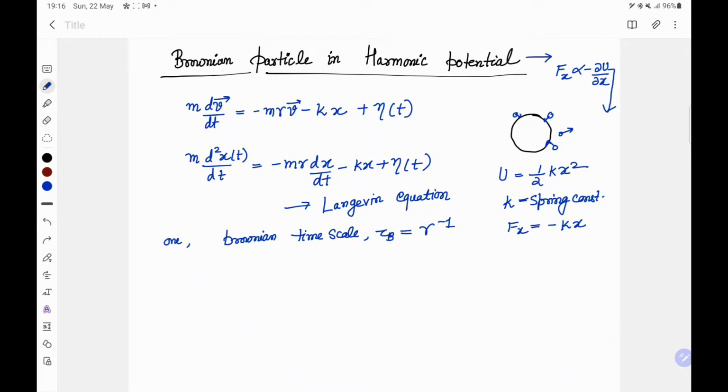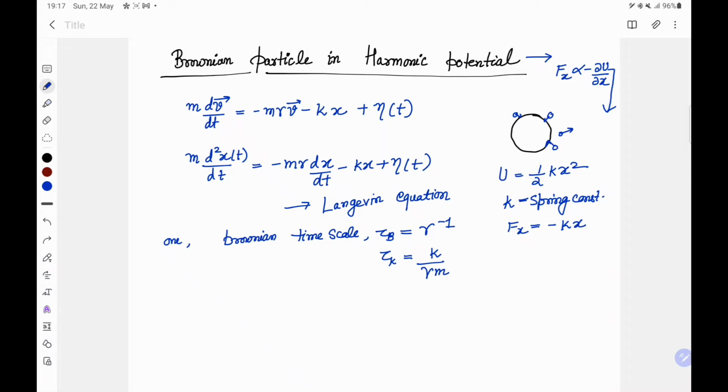Let's define this other time scale as tau k, which is k over gamma m, where k is the spring constant.